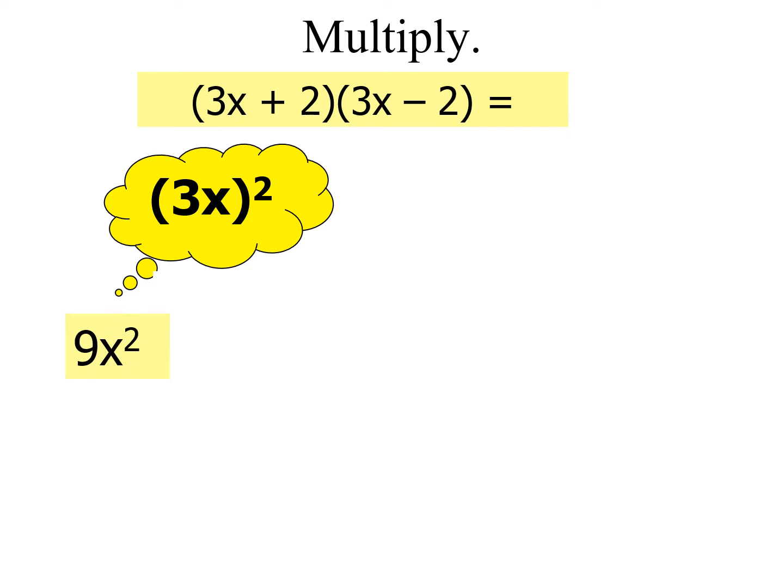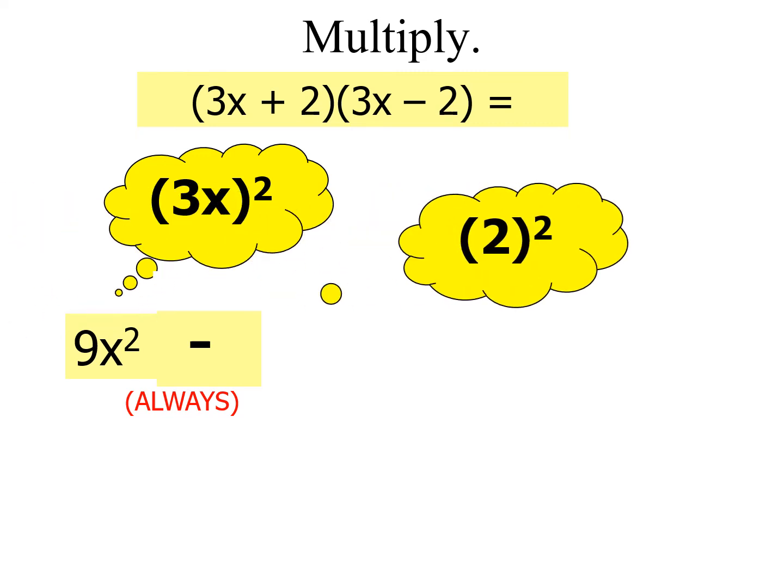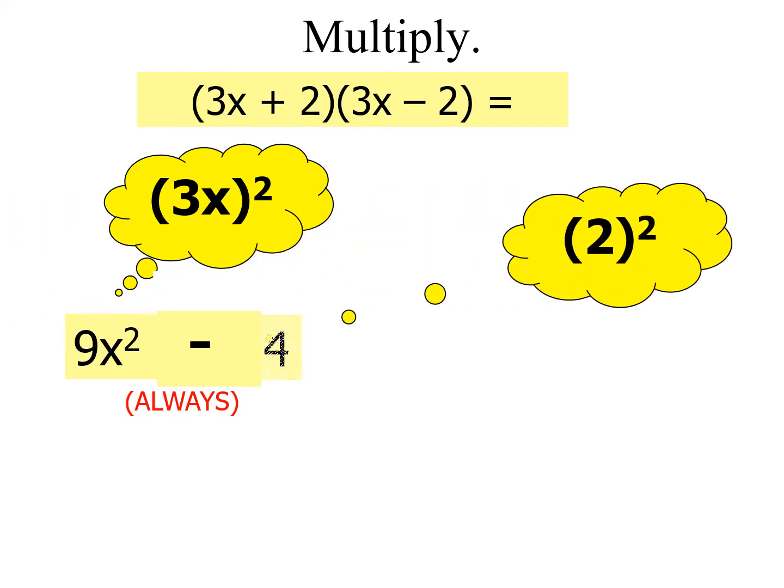Then we put minus since it's always minus. And we square the second term of the binomial, which is 2. 2 squared is equal to 4. So in this case, the product of the quantity of 3x plus 2 times the quantity of 3x minus 2 is actually 9x squared minus 4.